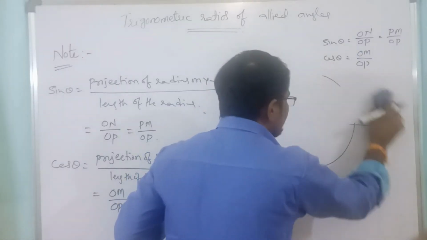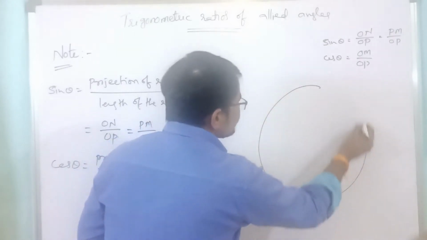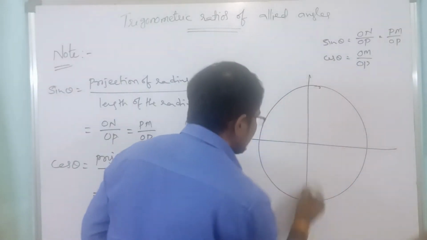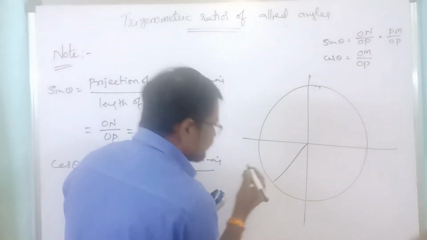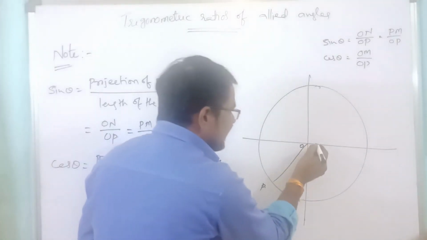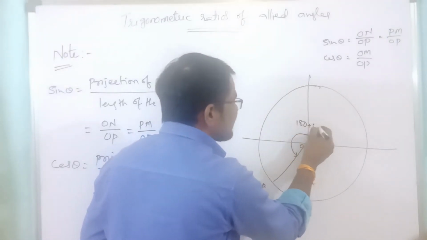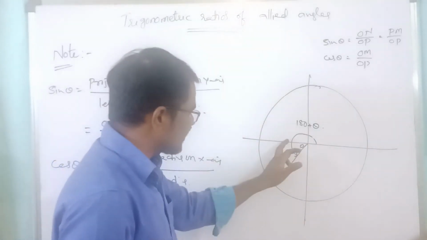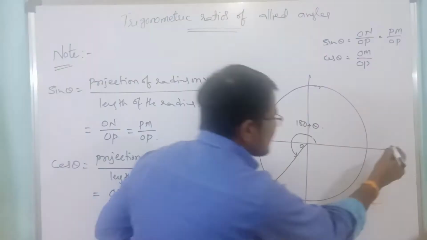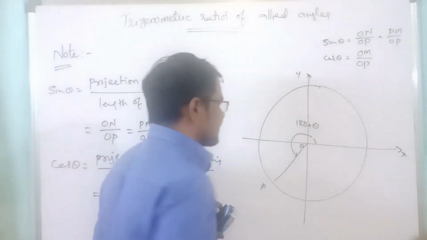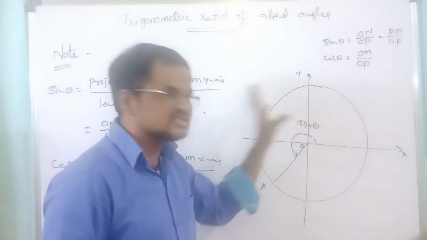Suppose the same point is in the third quadrant or fourth quadrant, anywhere on the circumference of the circle. If it is in the third quadrant like this, with P the point and O the origin, suppose the angle is 180 plus theta. Here we have the x-axis and the y-axis. How do we define sine and cos? Here there is no triangle.